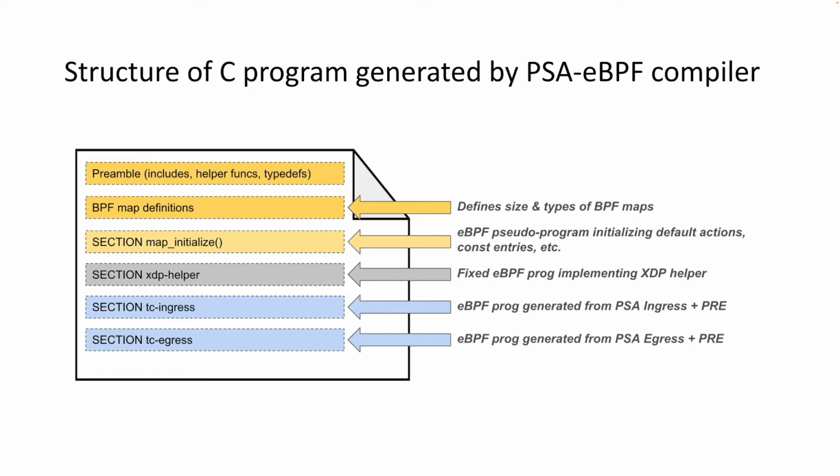The TC ingress is generated from the PSA ingress pipeline and contains the ingress part of the packet replication engine. The TC egress includes the PSA egress pipeline and the egress part of the packet replication engine. Now Jan will take over the presentation and say a few words about PSA eBPF API and the CLI tool.